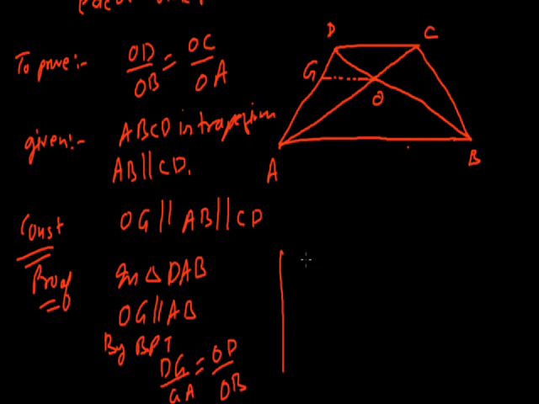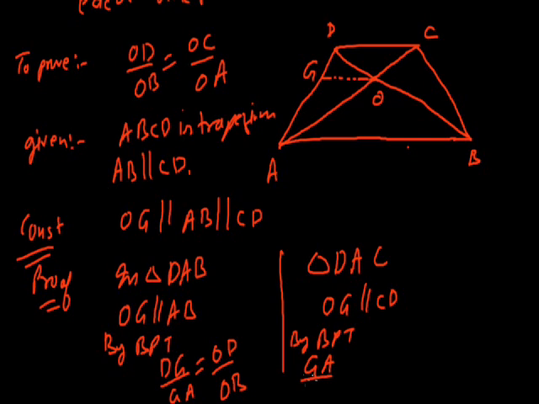Now, in the same way, we consider the triangle DAC. In triangle DAC, OG is parallel to CD. Now, again, we apply the basic proportionality theorem here. So, by BPT, we can say that GA upon DG is equal to OA upon OC.